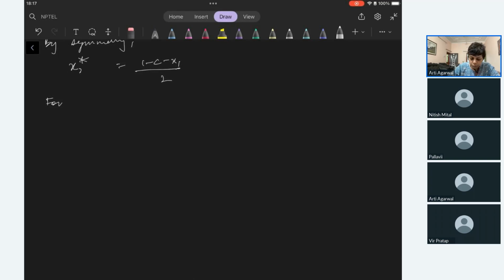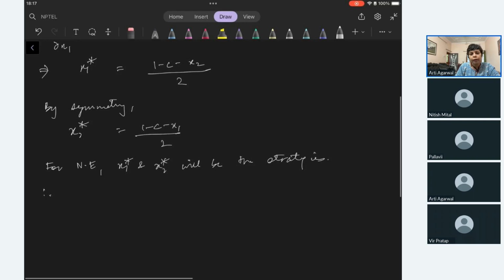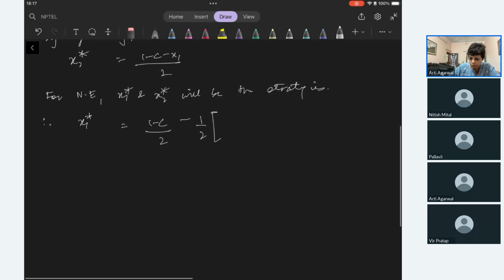So for Nash equilibrium, x1 star and x2 star will be the strategies, right? So both the equations solve each other, basically, in mathematical terms. Therefore, we can write x1 star, and instead of x2, we will plug in the value of x2 star, because both the equations need to be solved simultaneously. So x1 star is equal to (1 minus c)/2 minus half of x2 star, and x2 star is (1 minus c minus x1 star)/2.